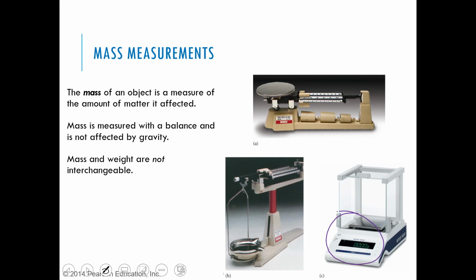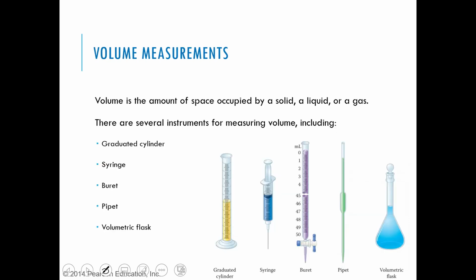What's nice is with the electronic scale, you just write down whatever it tells you. With the triple beam balance, again, we would be limited to whatever my measurement here is. If it's to the 10th of a gram, then I could estimate to the 100th of a gram. Electronic balances tend to give us a lot more precise measurements.